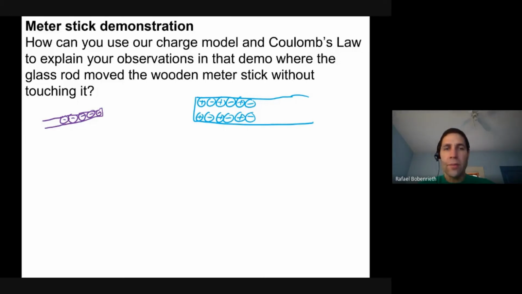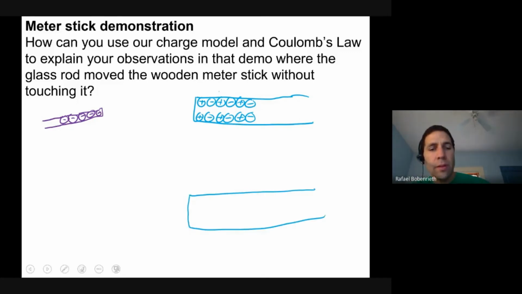Well, let's think through this. You are right in saying that the electrons in the meter stick maybe are not as free to move about as, say, the electrons in the tin can. But if I bring this rod close enough, and now I'm going to exaggerate this effect to give you a sense for what's going on here. What is going to happen inside the meter stick is basically, if I'm a positive charge, remember, like charges repel and opposite charges attract, right?